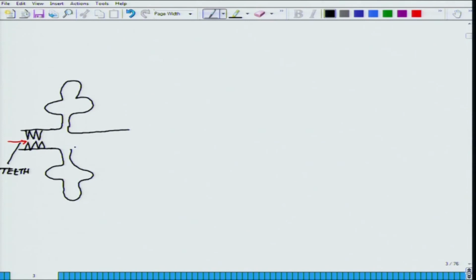Now, you reach a canal which is called the esophagus. I will come to that. It looks like this, and there is a small bend, and then we enter into the stomach, small like this. Okay. And this stomach is exceptionally acidic.